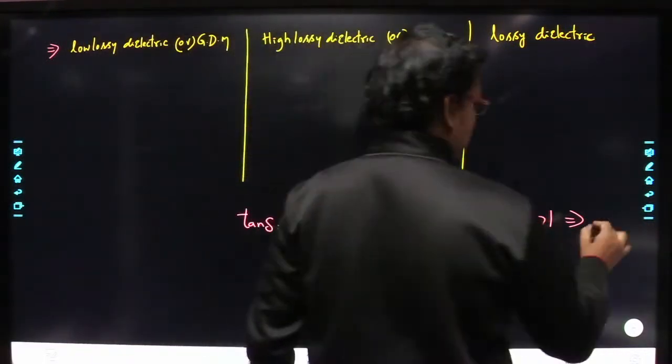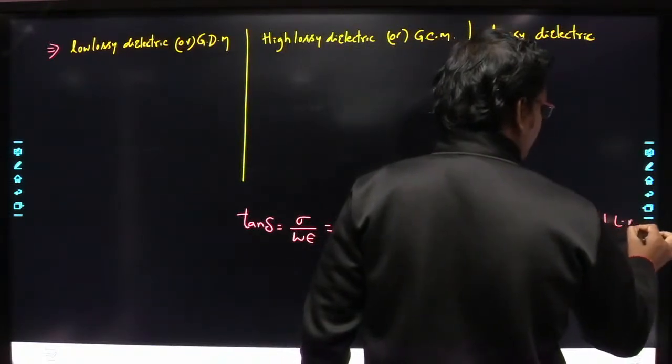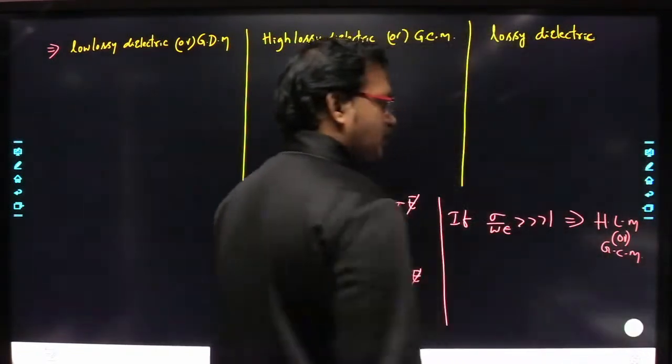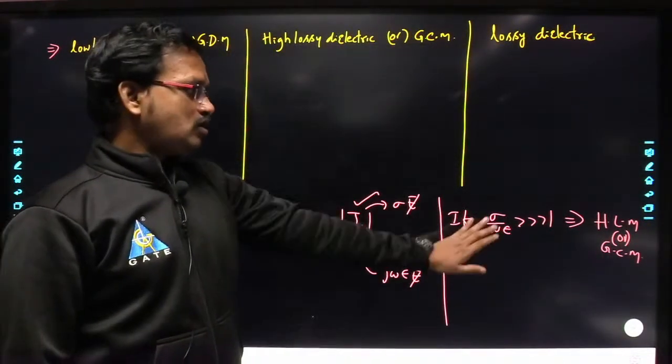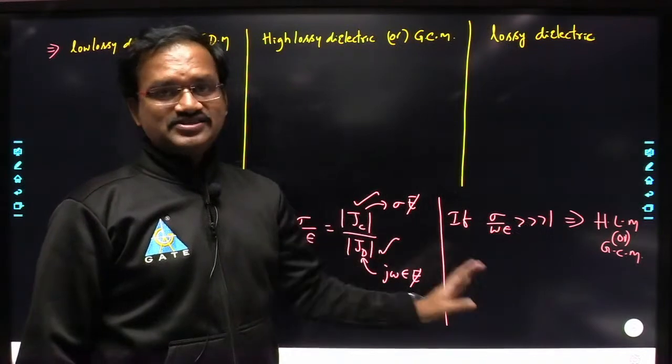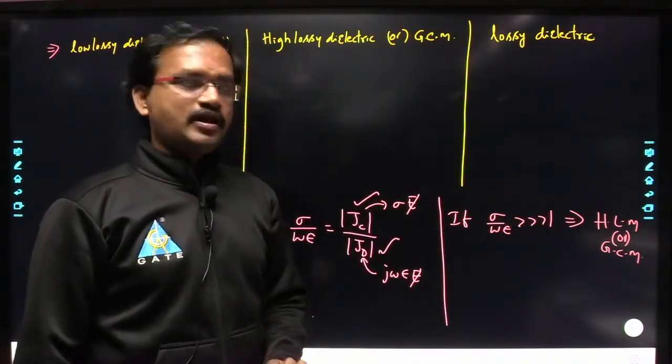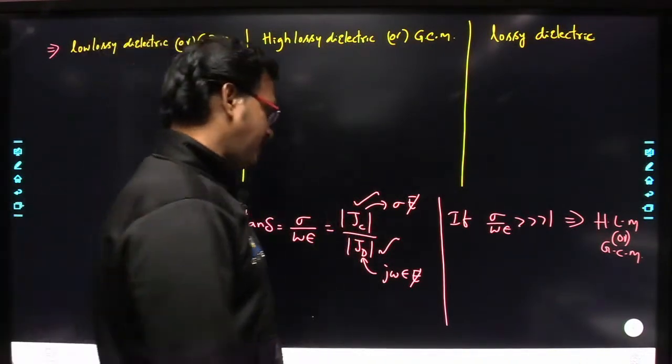This medium we call a high lossy medium, or a good conducting medium. Jc is very much greater than Jd in this medium, so it behaves as a high lossy medium or good conducting medium, right?